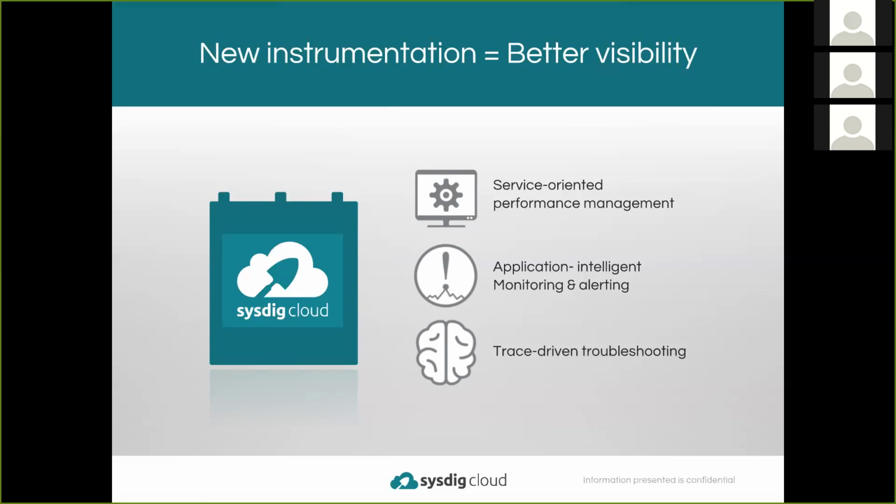But we can also give you application layer information, like information and metrics from services like HTTP servers and database servers. And the third point I wanted to mention here is that we can give you some very interesting information when doing troubleshooting. That's what we call trace-driven troubleshooting. We'll have a look at this now.